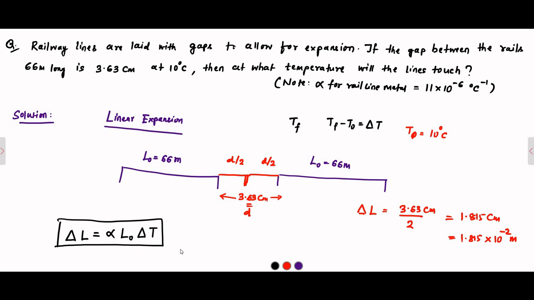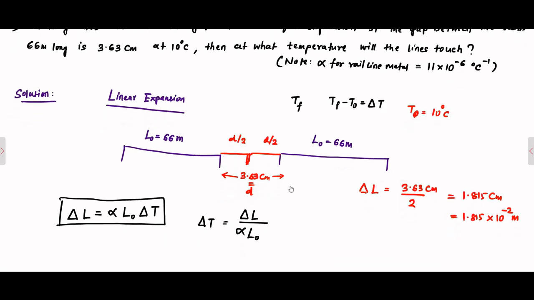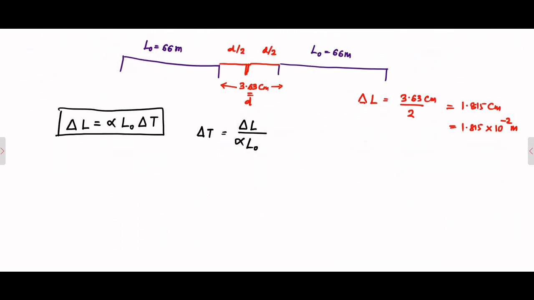So here we will calculate delta T. Delta T is equal to delta L by alpha L0. Now we'll simply substitute the values.